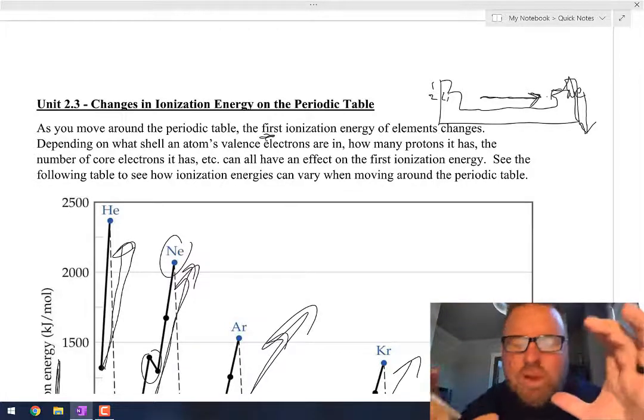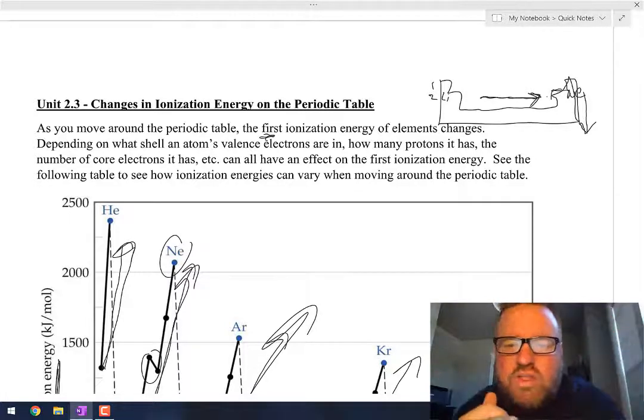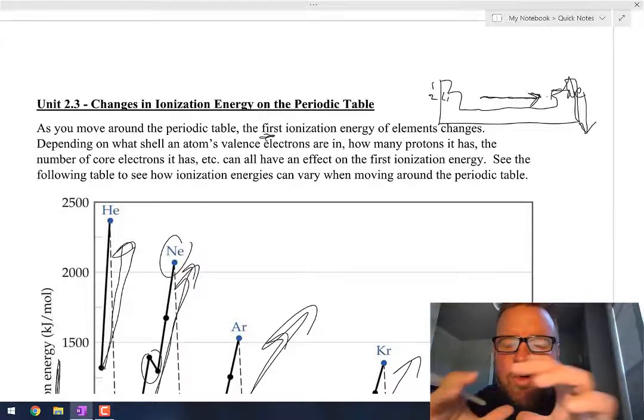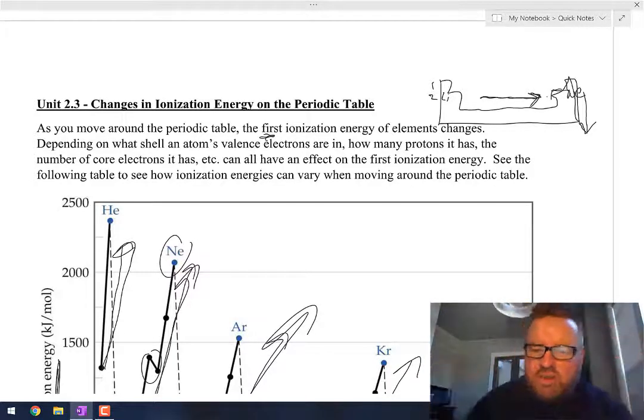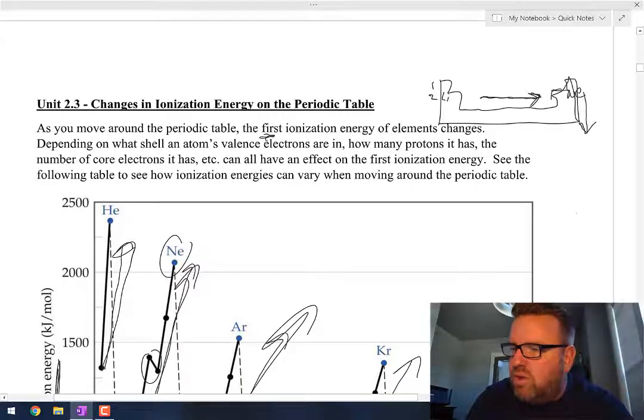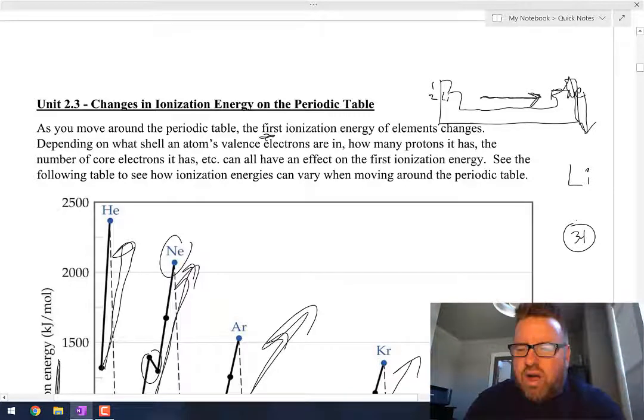So what does that mean when you increase the number of protons? The more protons there are, the stronger the attraction is to the nucleus. For example, lithium has 3 positive charges in the nucleus. Neon, on the other hand, has 10 protons, so 10 positive charges.